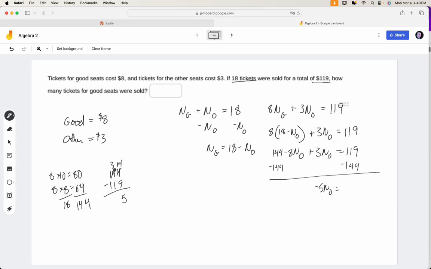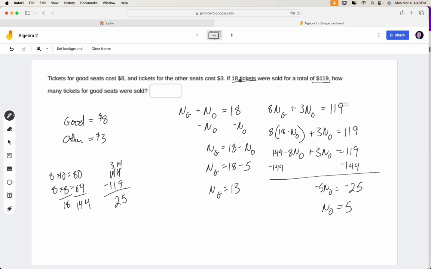And then 13 minus 11 is 2, so 25. So negative 25, which we know if we divide by negative 5 on both sides, number of other is equal to positive 5. So the number of good tickets is 18 minus the number of other, which is 5. So the number of good would be 13.